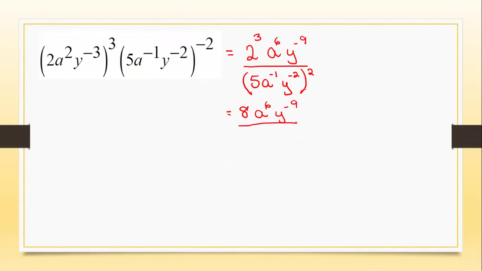Let's now expand our bracket at the bottom. We have 5 squared. a to the power of negative 1 times 2 gives us a to the power of negative 2. y to the power of negative 2 times 2 would give us y to the power of negative 4.